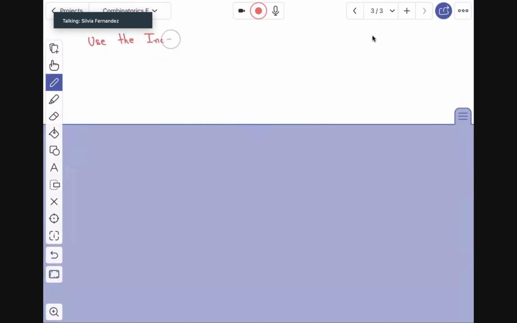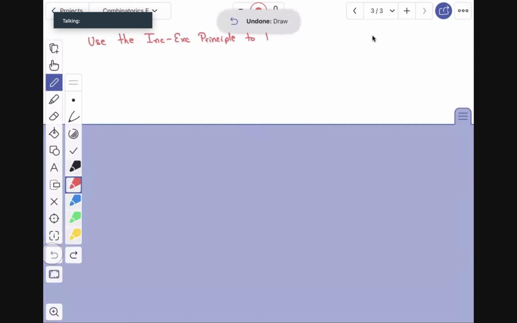We're going to use the inclusion-exclusion principle to compute TMN. That formula that we have. So how can we deduce it? Because I just gave it to you, but how can we actually deduce it?